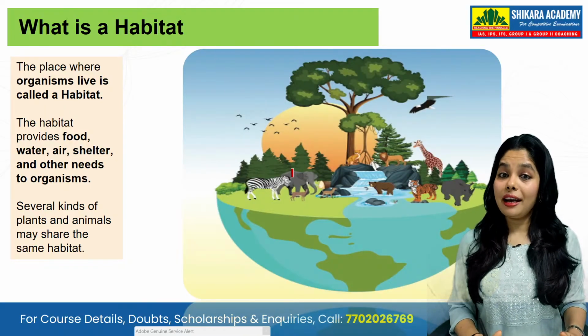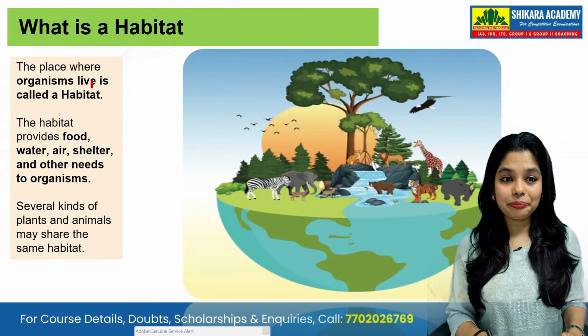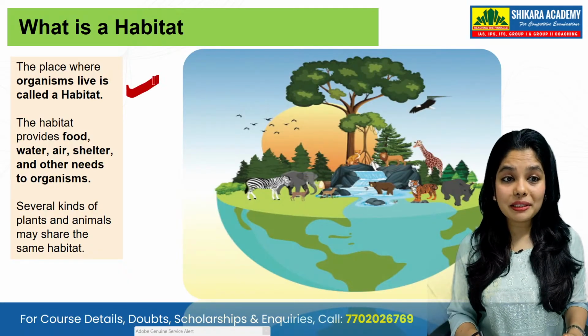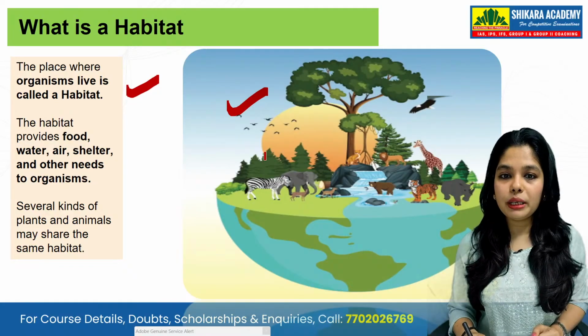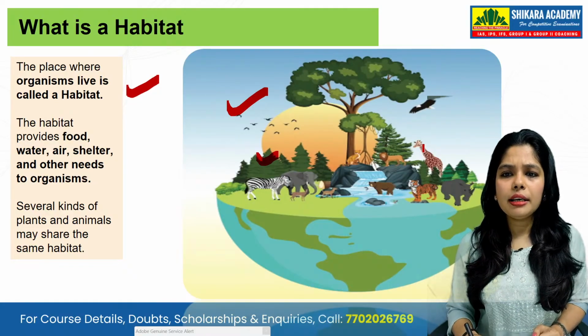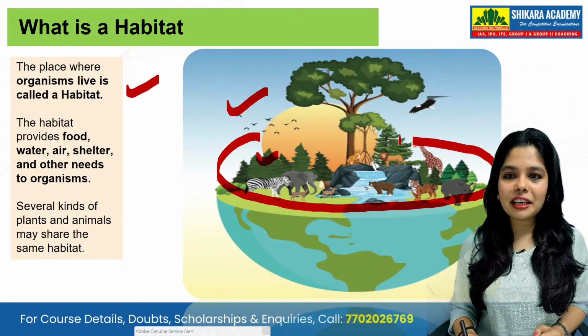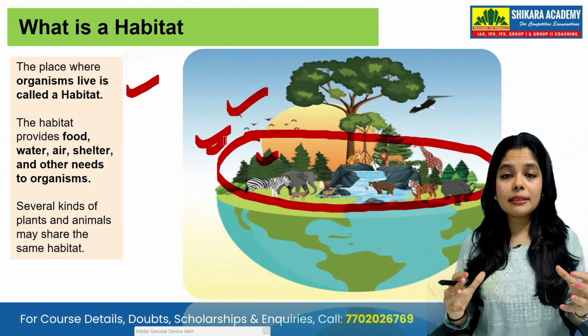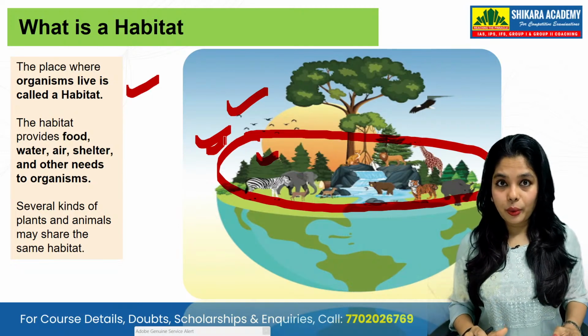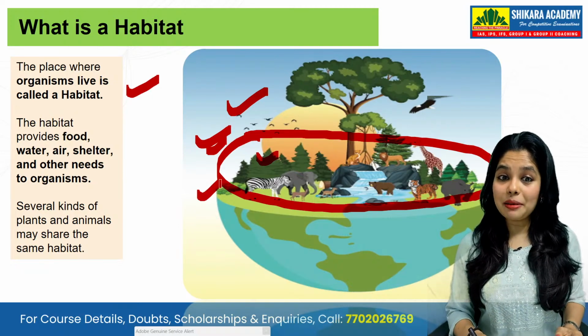So what is a habitat? A habitat is a place where an organism lives. Wherever an organism lives, be it birds, elephant, or zebra, you can see here this is the kingdom of animals, and you can see the place at which they are staying. When it comes to animals, where are they staying?